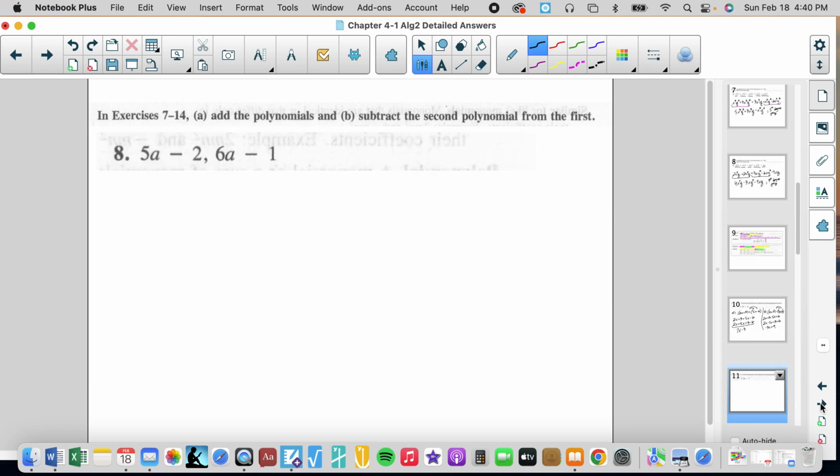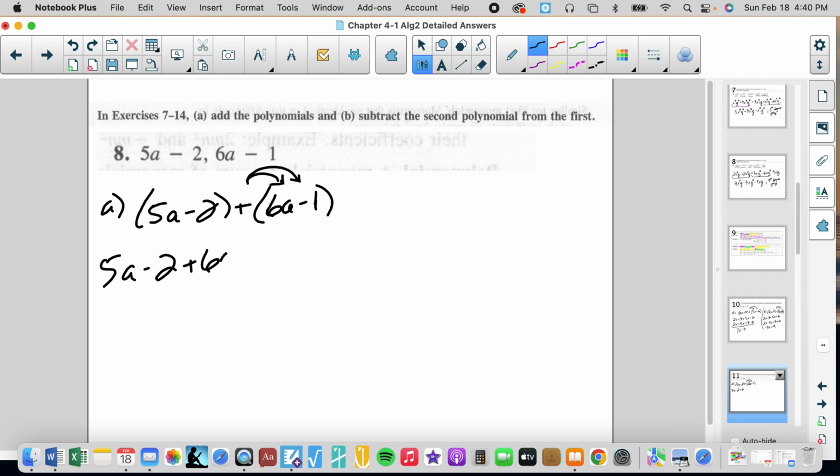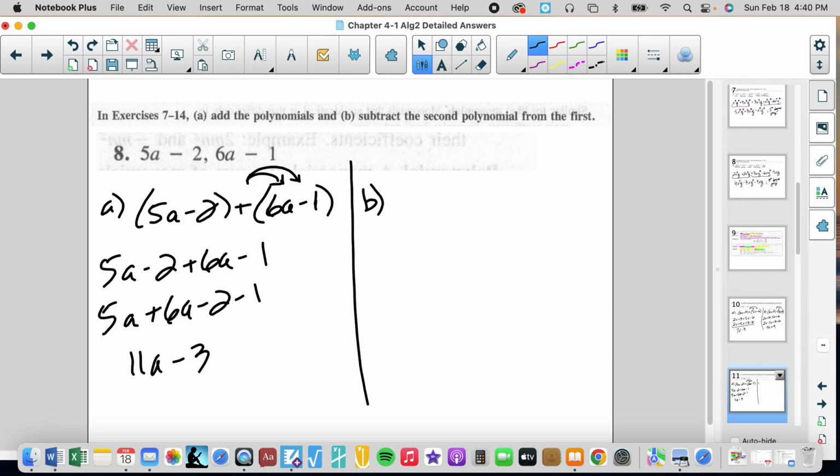Yes. So we're going to do addition first. I'm going to put these in parentheses just to show that we're adding each of these binomials. To get rid of them, you distribute the positive 1, which gives you 5a minus 2 plus 6a minus 1. 5a plus 6a minus 2 minus 1 gives us 11a minus 3. B is subtracting.